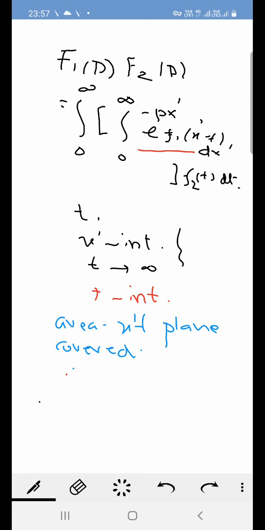So we plot t versus x dash, and if this is the line x dash equal to t, this plane actually lies here.